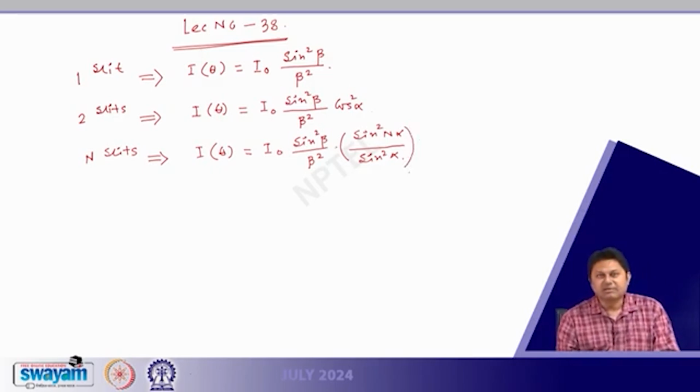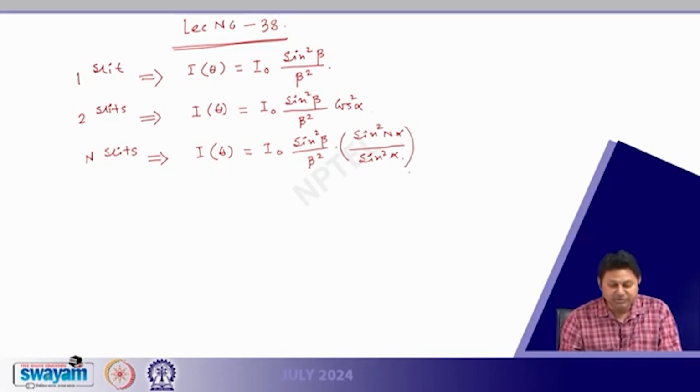So, these three distributions we calculated rigorously starting from first principles, and you can see that if I put n equal to 1, we get back the first one. If I put n equal to 2, I get back the expression for two slits. For 3 slits, 4 slits, you can just put the value of n.